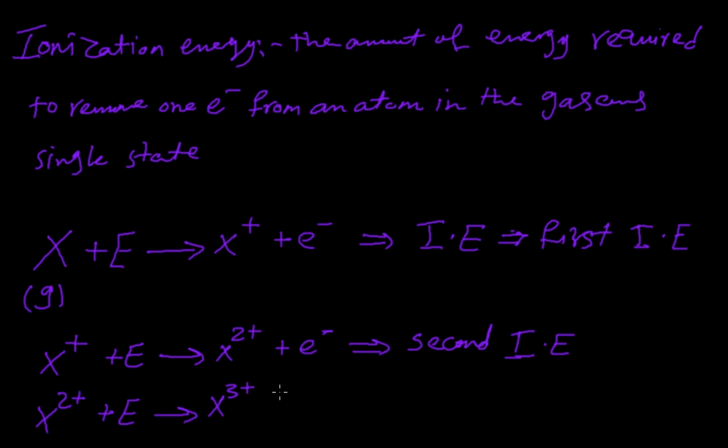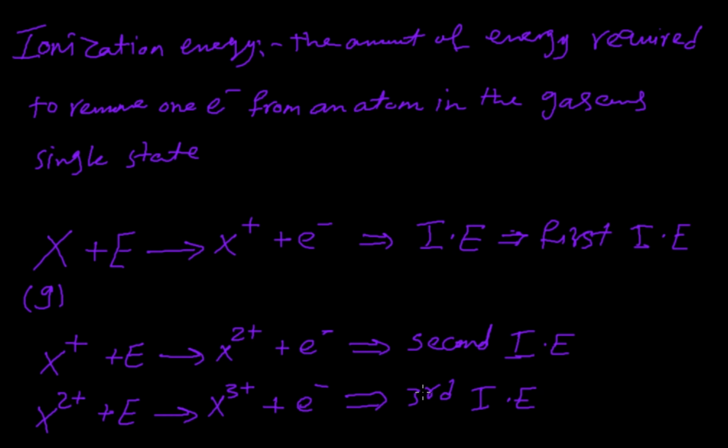The major difference between the first, second and third ionization potential is that the first ionization potential is smaller in value compared to the second, and the second ionization potential is smaller in value than the third.